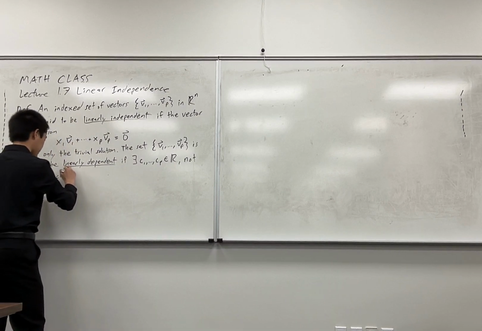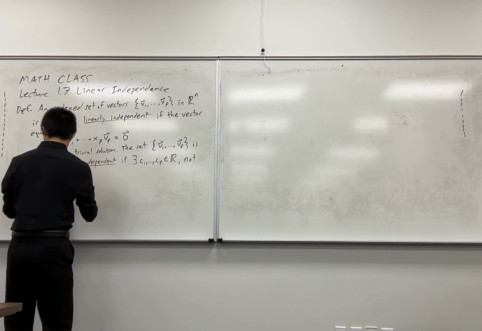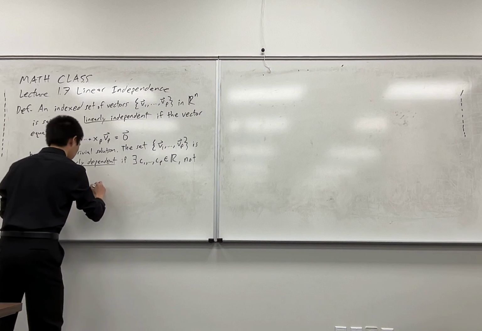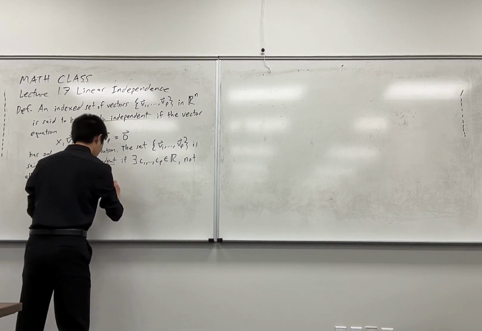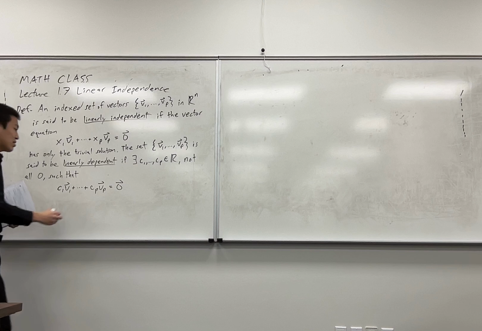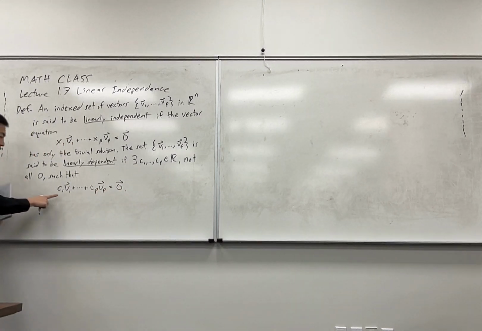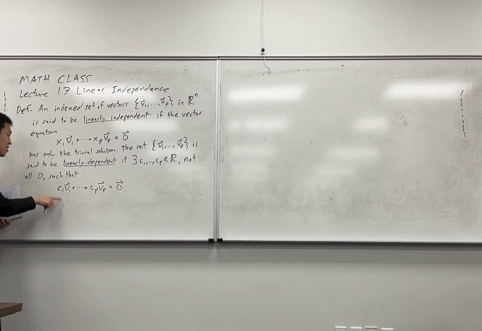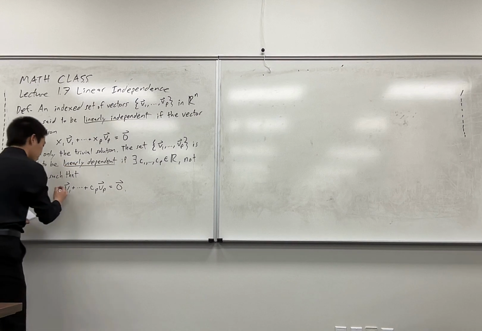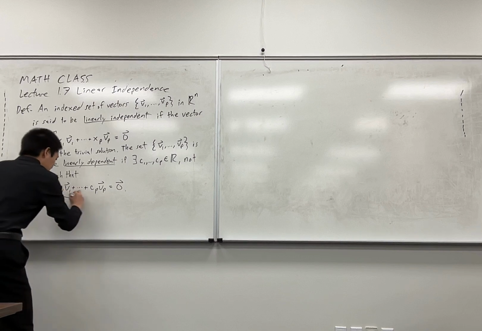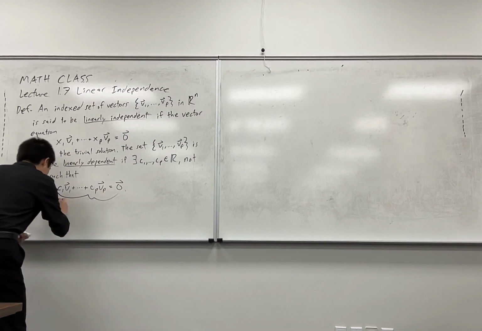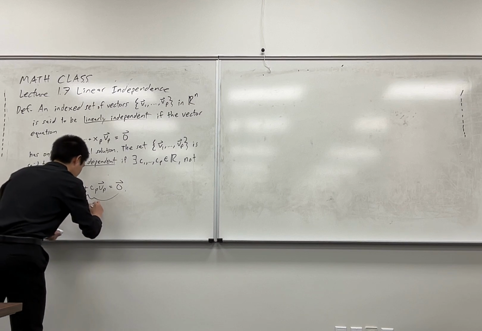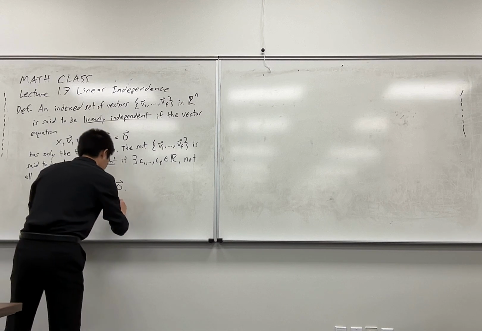Such that c1 times v1 and so on and so forth down to cp vp is equal to 0. And if we're able to take some scalar weights, not all of them zero, we require that not all of them are 0, and we can get it to equal the zero vector like this, so in other words, a solution, we call this, that equation becomes a linear dependence relation.